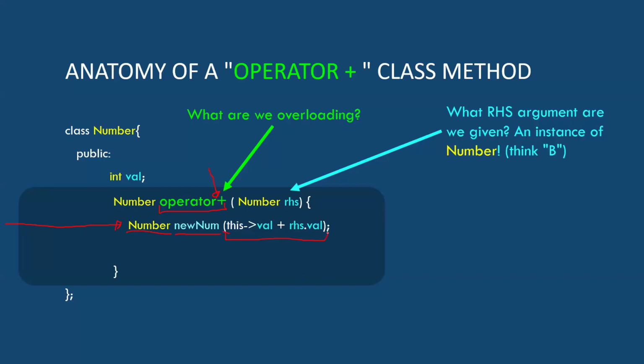We're going to add together the sum of me, the A, with what just came through on the right-hand side, okay? So we're sort of putting our hand in the cookie jar, grabbing the val from this one, adding it to me, and that thing goes into the constructor of something new, and that's a local variable, okay? Think of that as a local variable. It's going to go away.